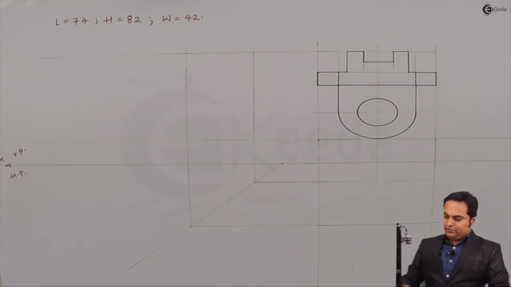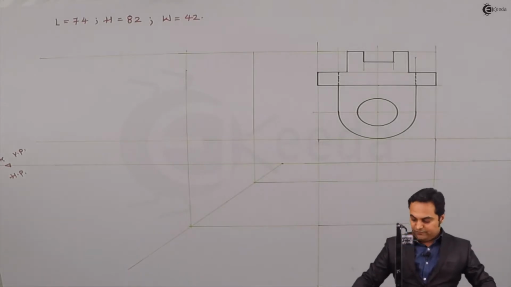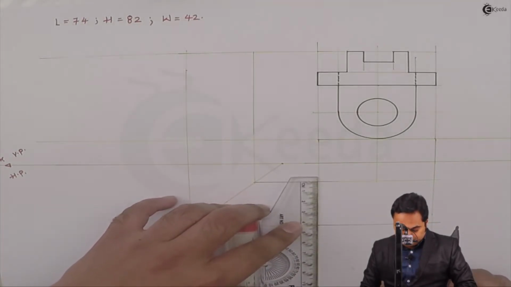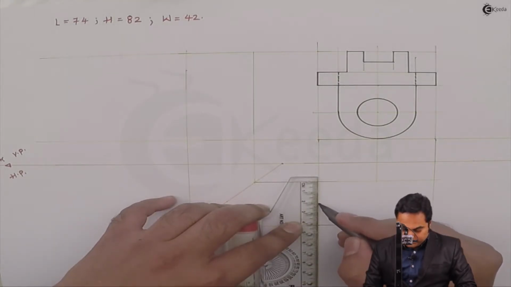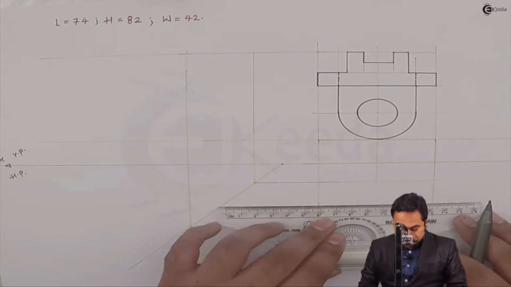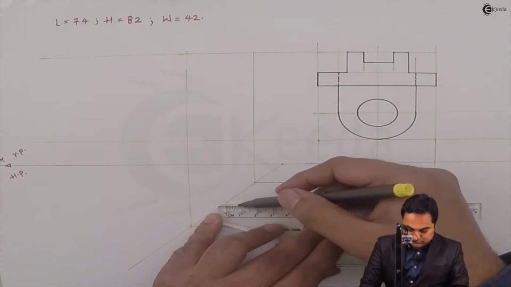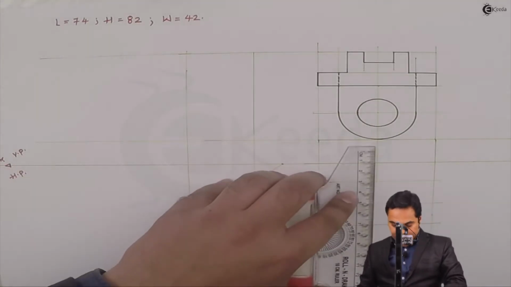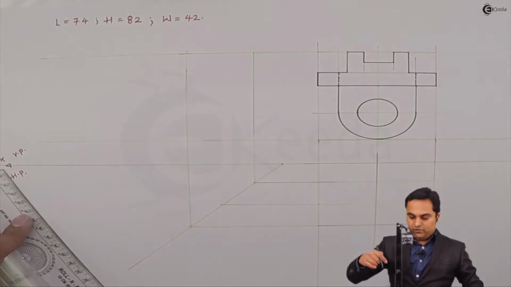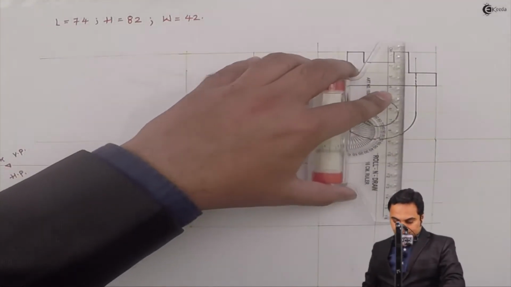So I am projecting those two rectangles, and just before that I'll draw the center line. The width is 42, so exactly at 21. Projecting these two rectangles which are seen from the top.